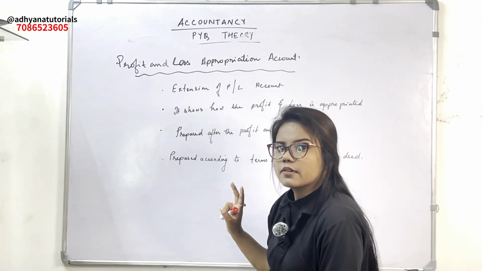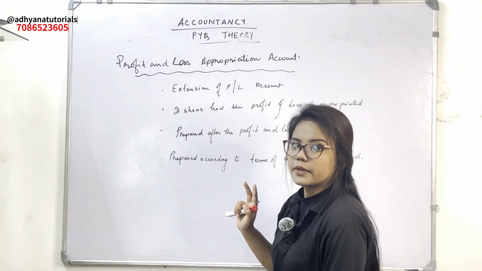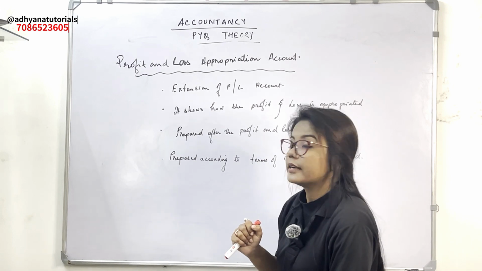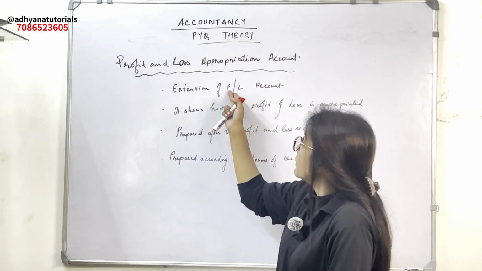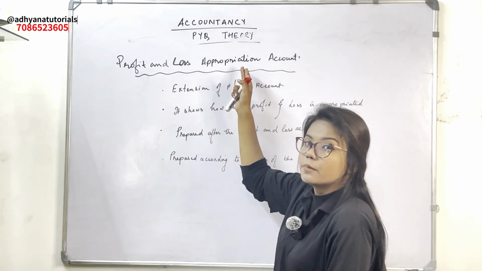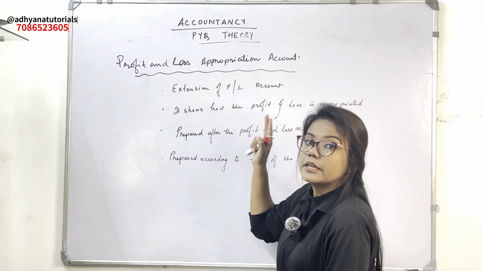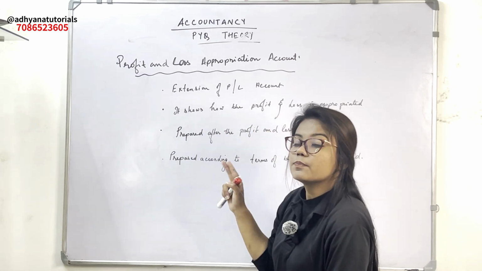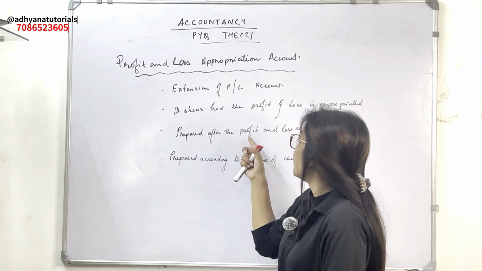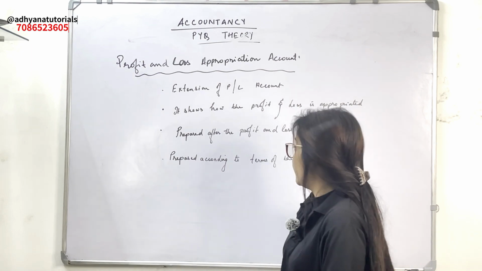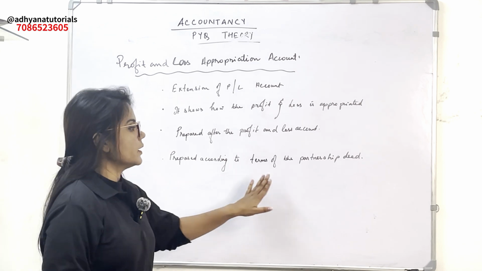X is going to get a salary for some work, Y is going to get a commission for some work. Where will this commission and salary come from? Definitely from the profit. So after preparing the profit and loss account, we prepare the profit and loss appropriation account, where it shows how this profit is distributed among the partners, and it is prepared according to the terms and conditions of the partnership deed.